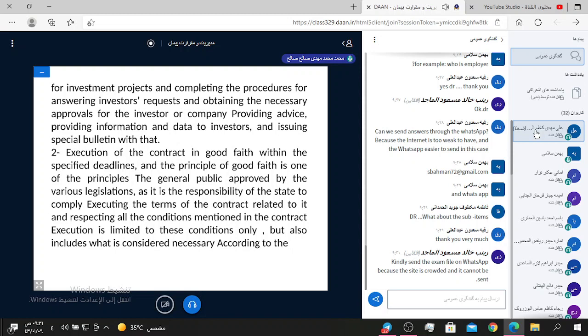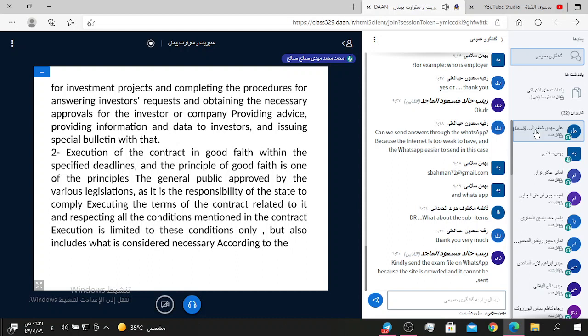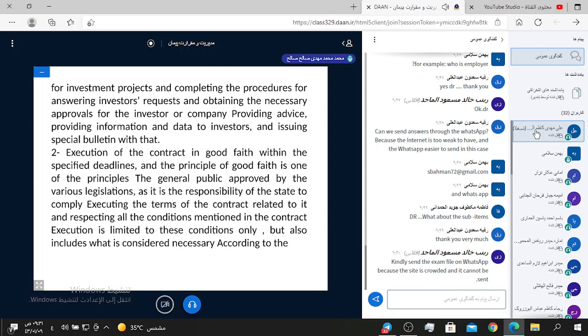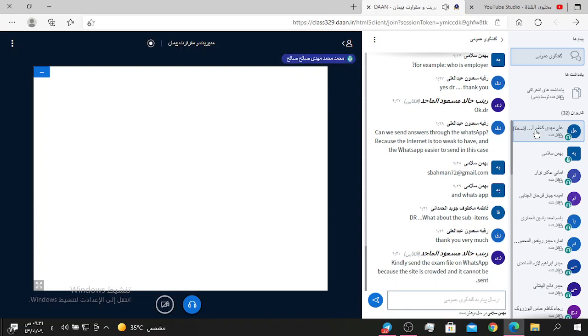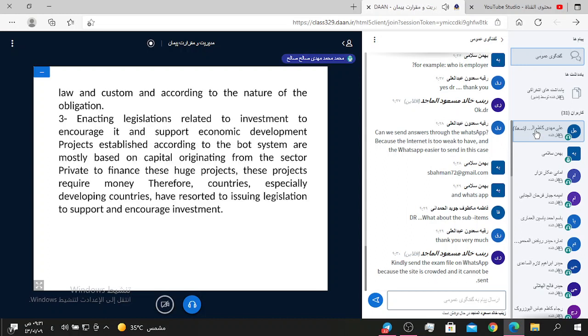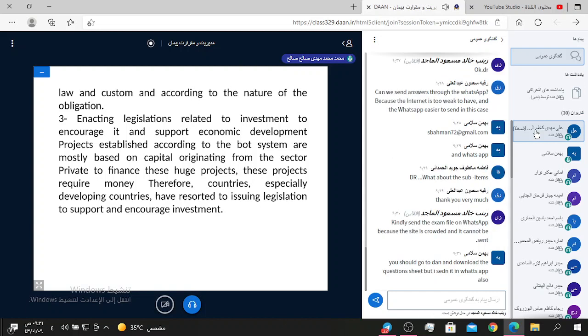Execution is not limited to these conditions only, but also includes what is considered necessary according to the law and custom and according to the nature of the obligation. Enacting legislation related to investment, employing it and supporting the economy.